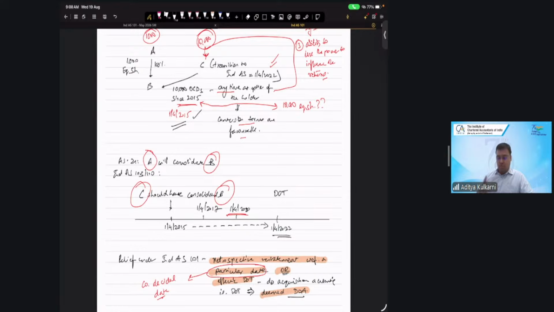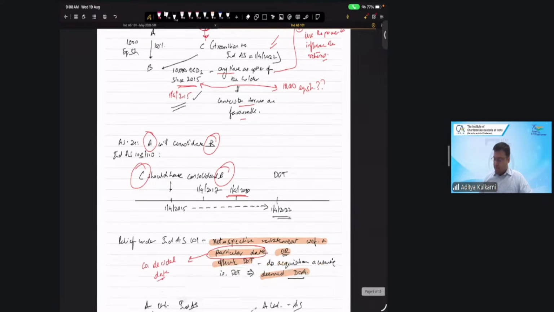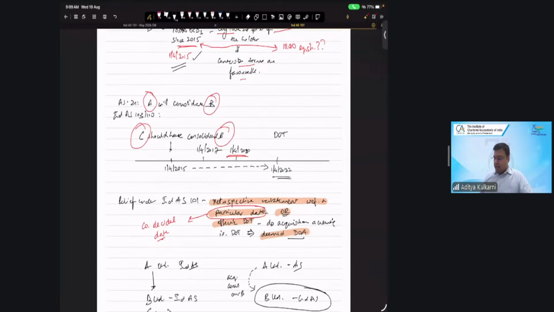And to address this practical challenge, Ind AS 101 has given a relief. Retrospective restatement can be done with effect from a particular company-decided date.